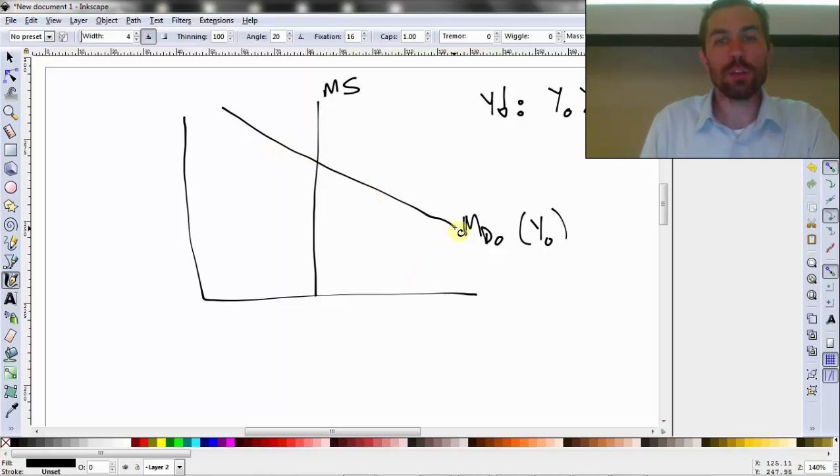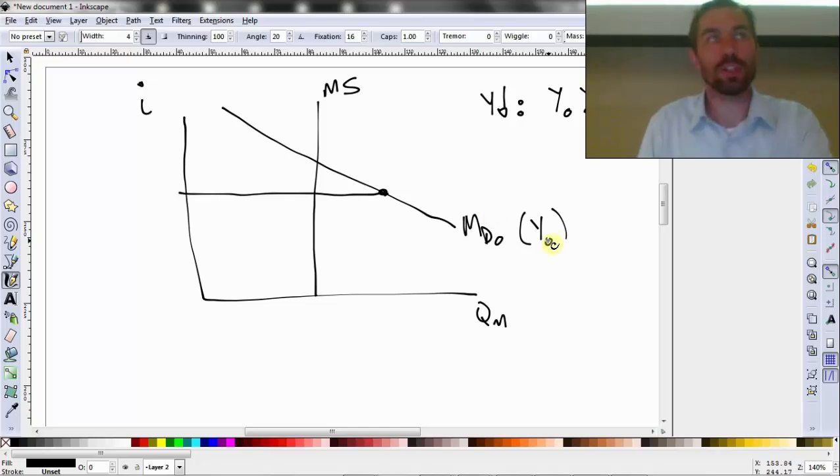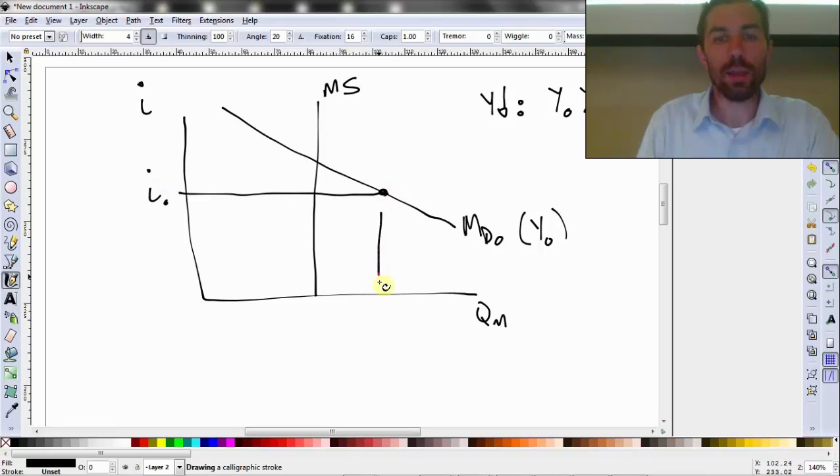Okay? In other words, our money demand curve at any given interest rate. So, at any given interest rate, we require some level of money to purchase output. If we do not change the interest rate, so the interest rate remains I0, but we change the level of output to Y1, that means at that same level of interest rates, we don't require the same quantity of money.